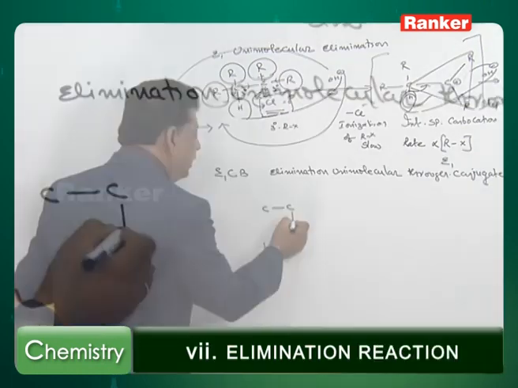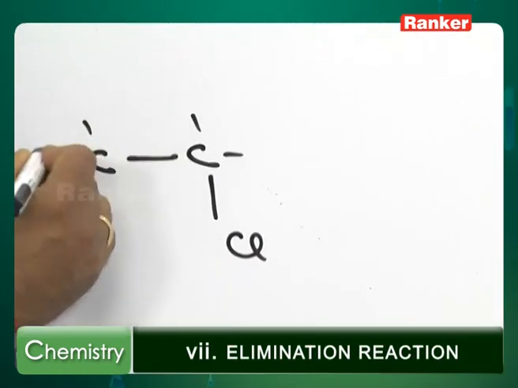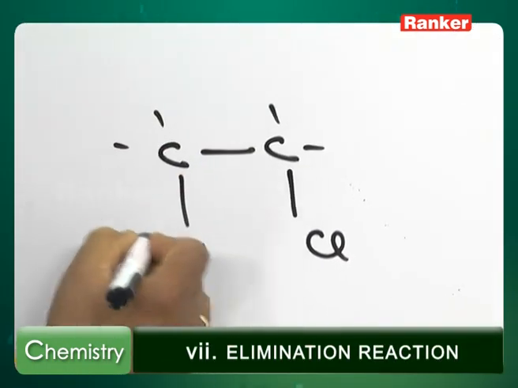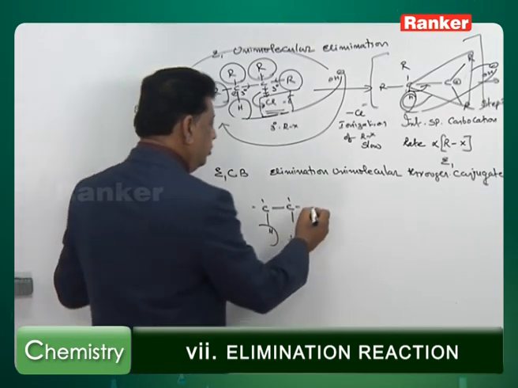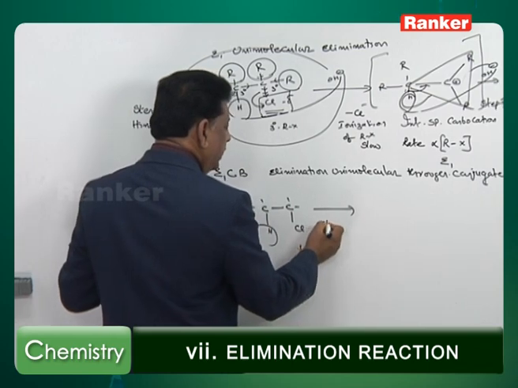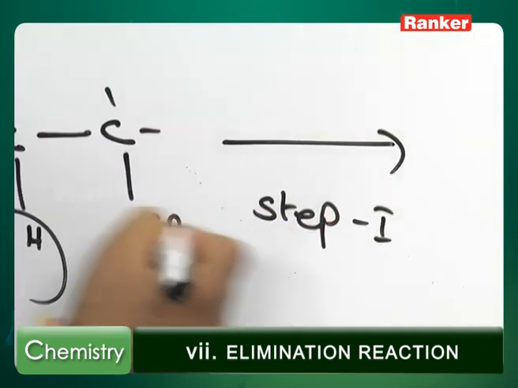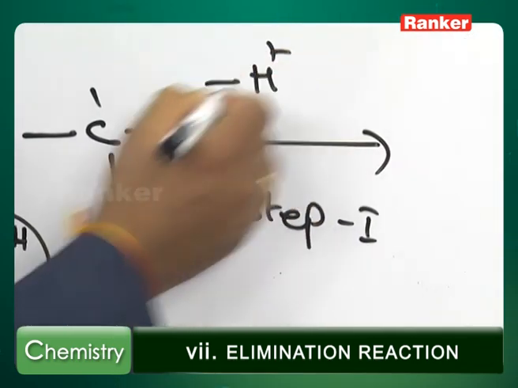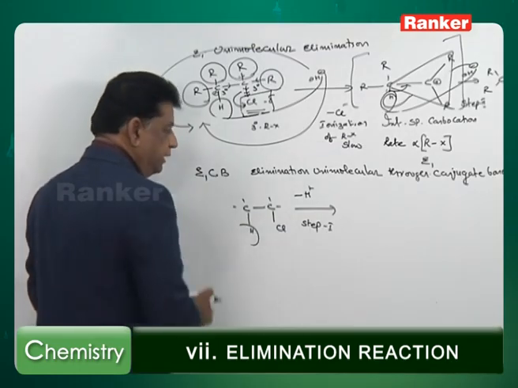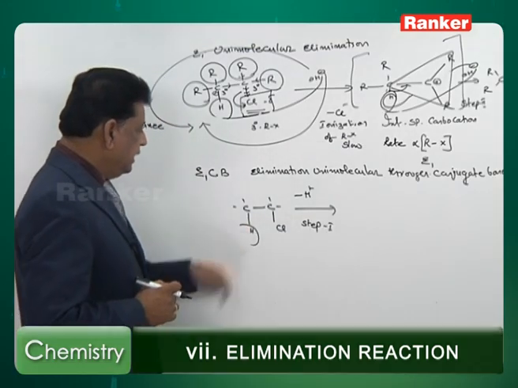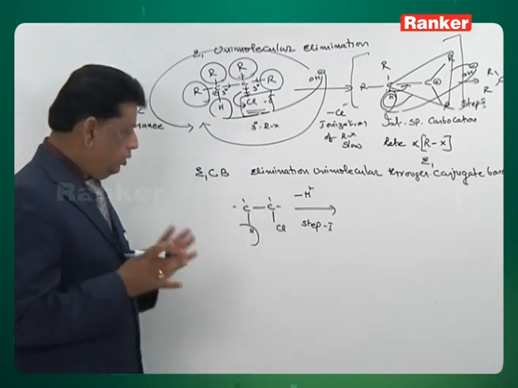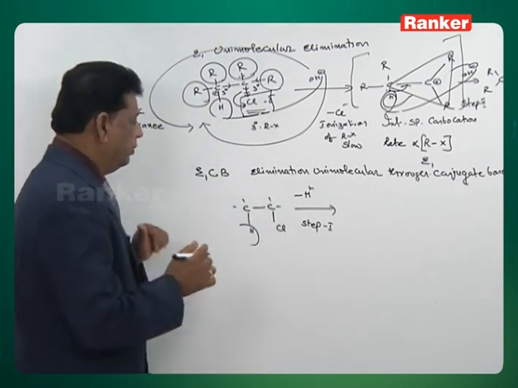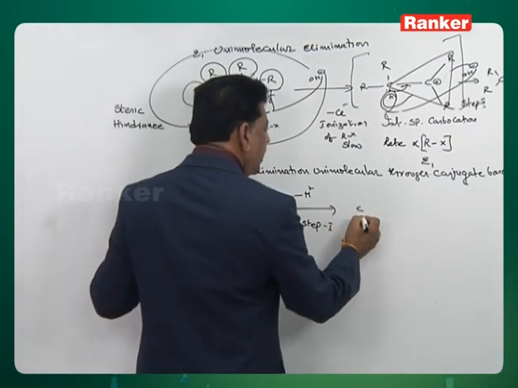So I have taken ethyl chloride, leaving the groups here, and I am removing 1 H to get the carbanion. So in step 1, what we are doing is a removal of H plus, that's all. Not both simultaneously. In the E2 mechanism, H is removed, 2 electrons are shifted, and Cl goes simultaneously. No, here only H is dropped to get a carbanion.